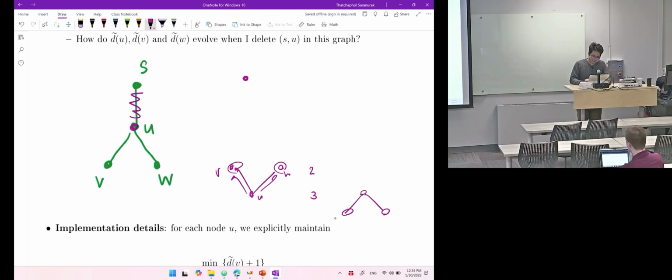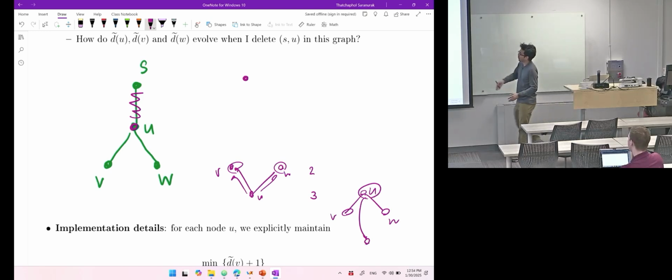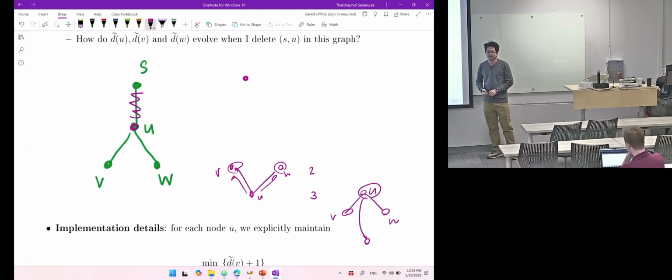And then it just keeps toggling like that until it goes to more than n, and you just say, okay, I'm disconnected.